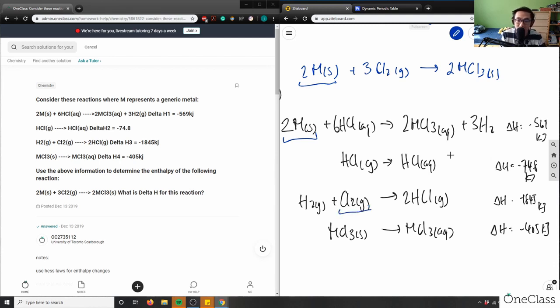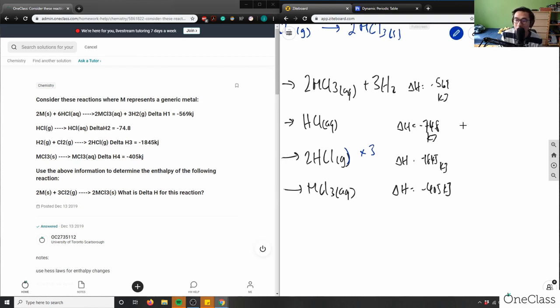I need 3, which means I have to multiply this entire equation by 3, which means I have to multiply the enthalpy also by 3. So the enthalpy here is negative 1,845 times 3, which is negative 5,535 kilojoules.